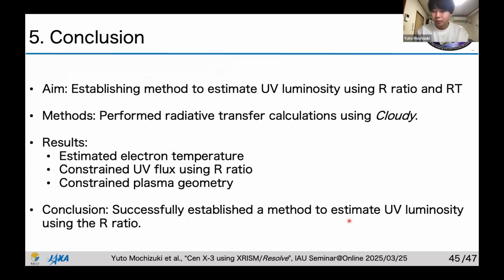Okay, and the conclusion: our aim is to establish a method to estimate UV luminosity using the R ratio and radiative transfer calculations. As a result, we have estimated the electron temperatures and constrained the local UV flux using the R ratio and the geometry.